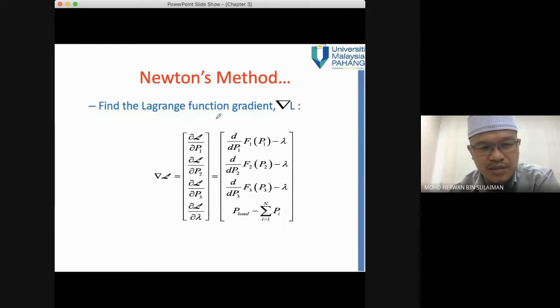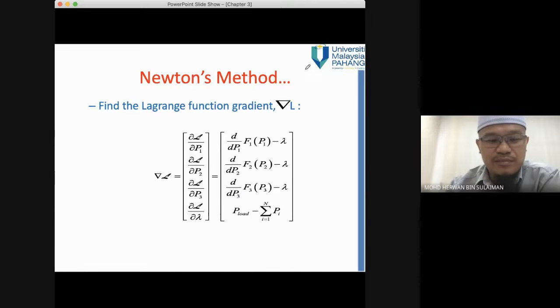Then you find the Lagrange function: dL over dp1, which is actually dF1 over dp1 minus lambda, and then dL over dp2 is dF2 over dp2 minus lambda, dF3 over dp3 minus lambda. So for lambda, when you do the partial derivative, you should remember previously it equals our equality constraint, P load minus the summation of Pi.